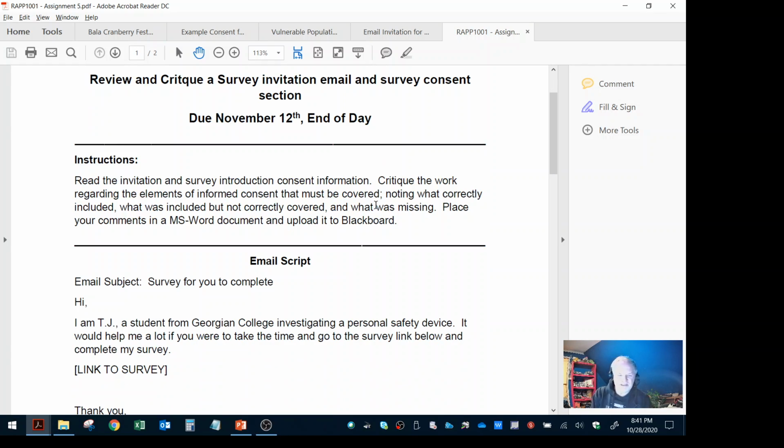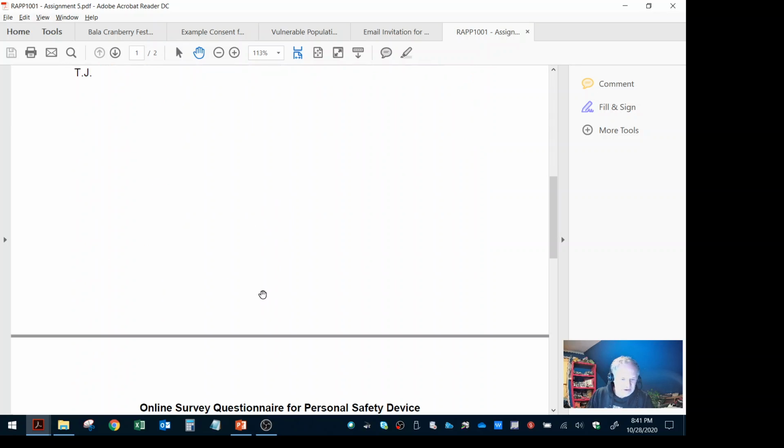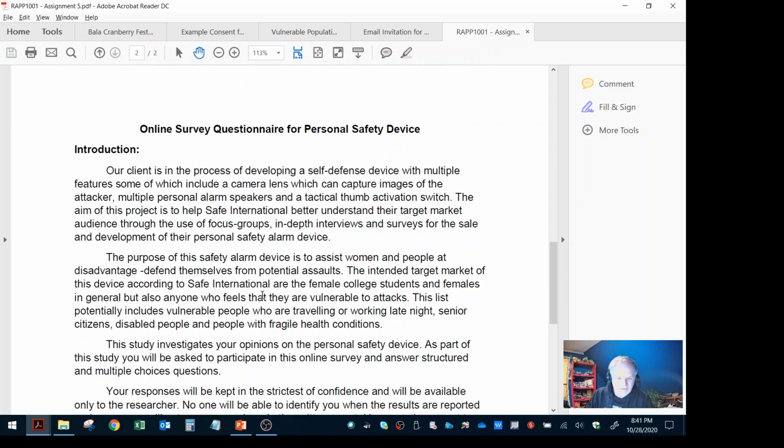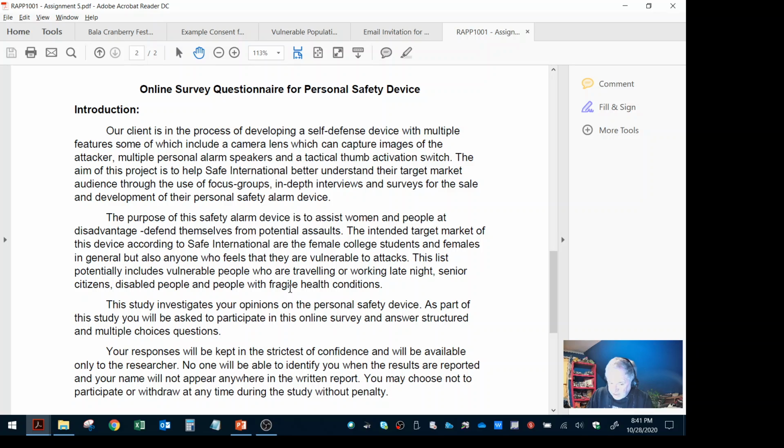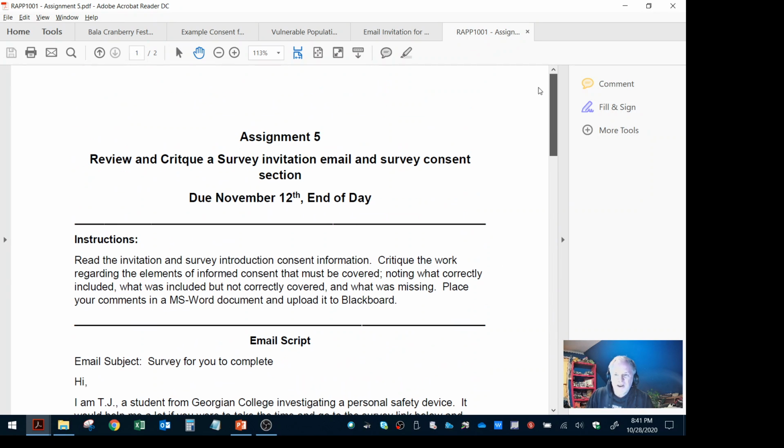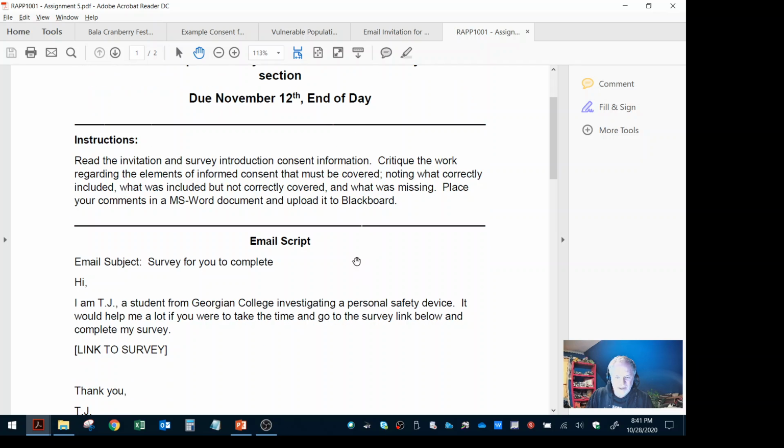This is an example email script to recruit for a survey, and also on the second page is the informed consent that was at the start of the survey when the person accessed the survey from the online survey design provider like Question Pro, Survey Hero. What I want you to do is read the script, read the informed consent, and critique it.